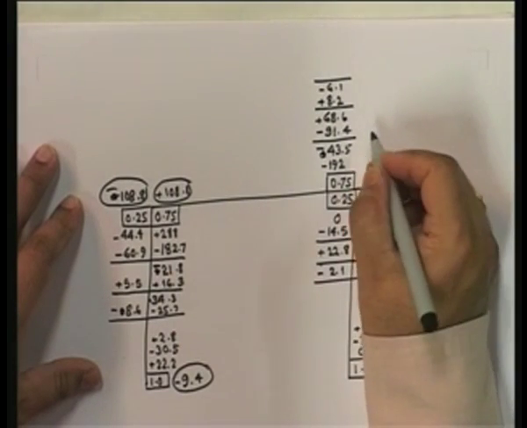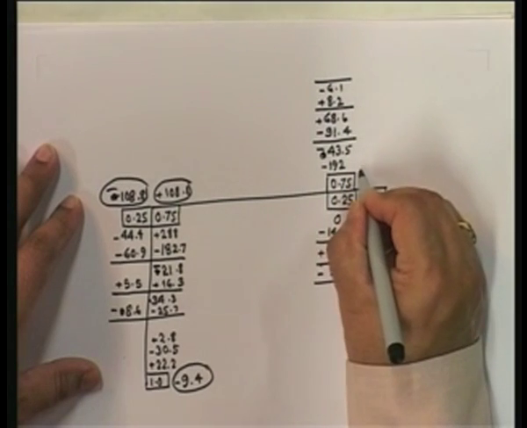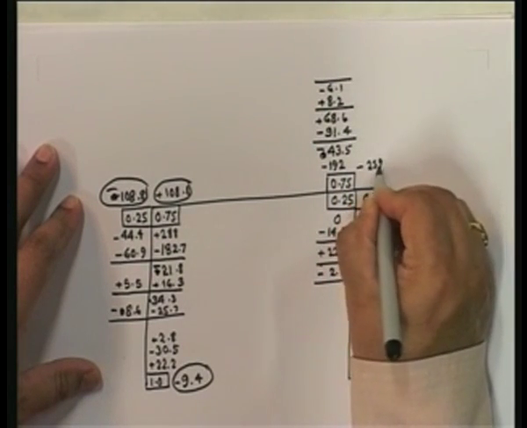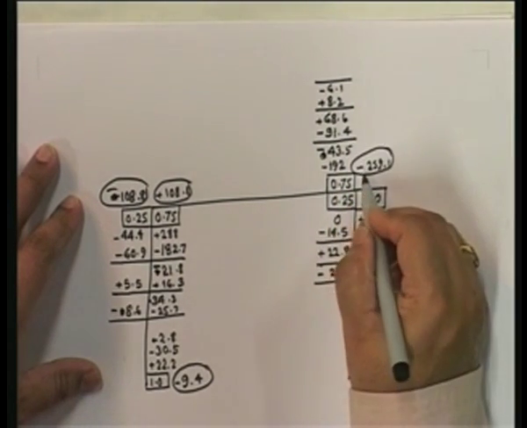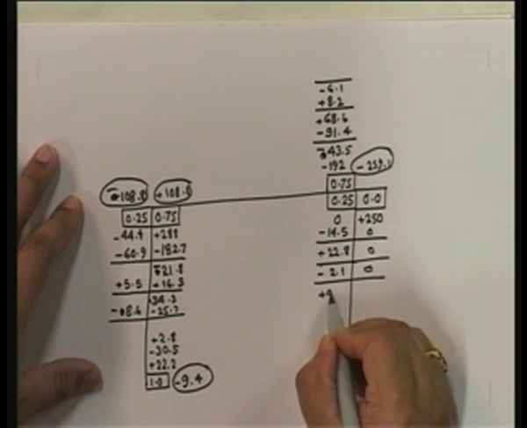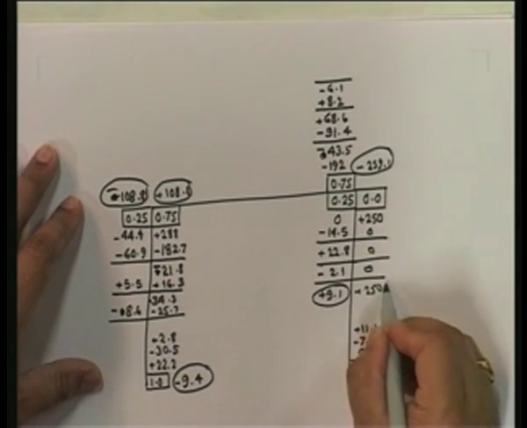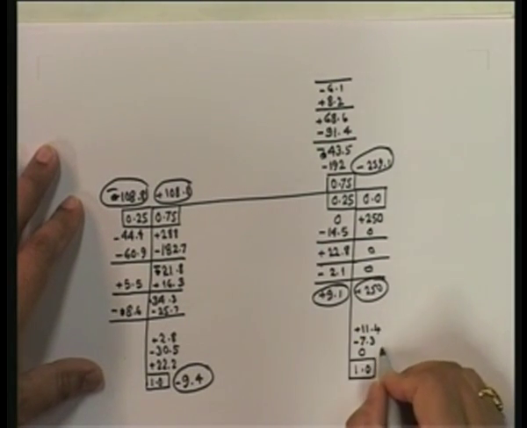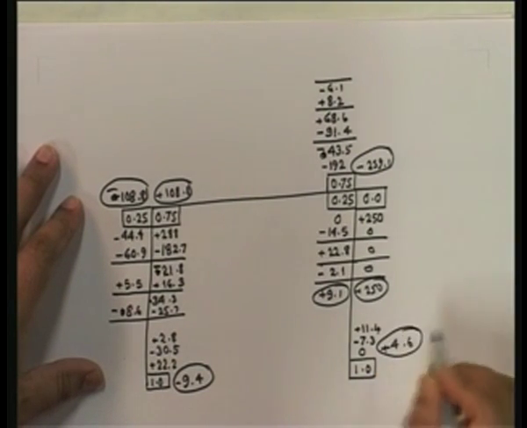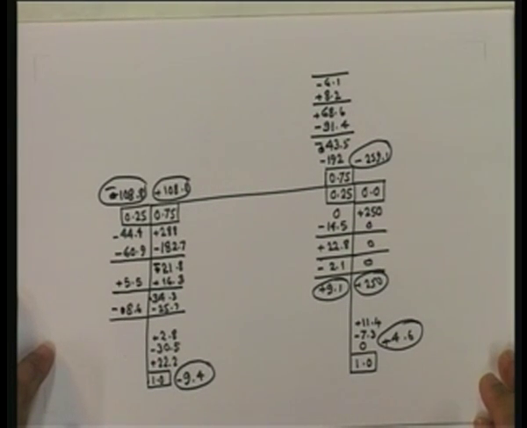Here you're going to have minus 259.1. Here you're going to have plus 9.1. Here you're going to have plus 250. And here you're going to have plus 4.6. So these are the final moments that you get.